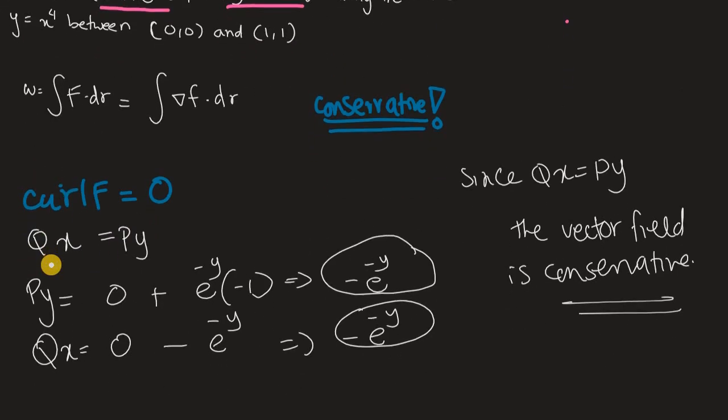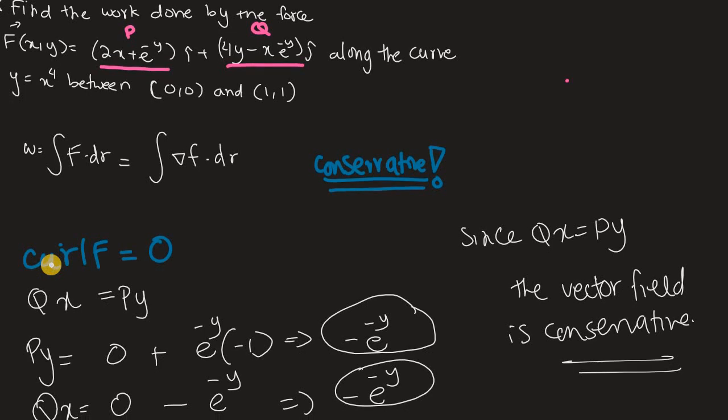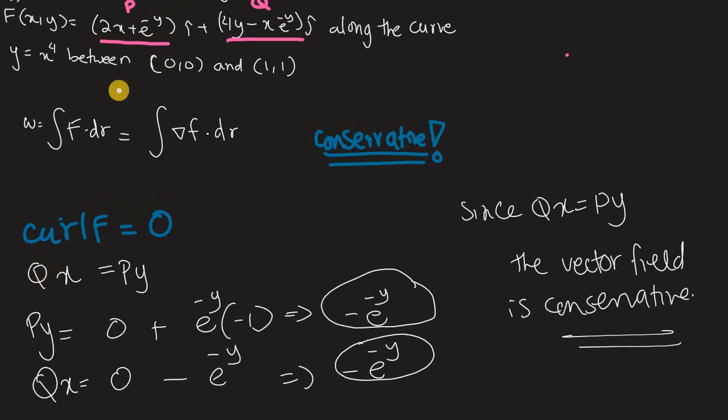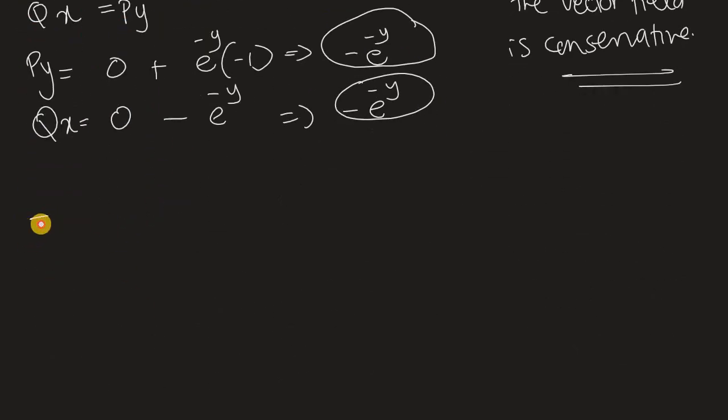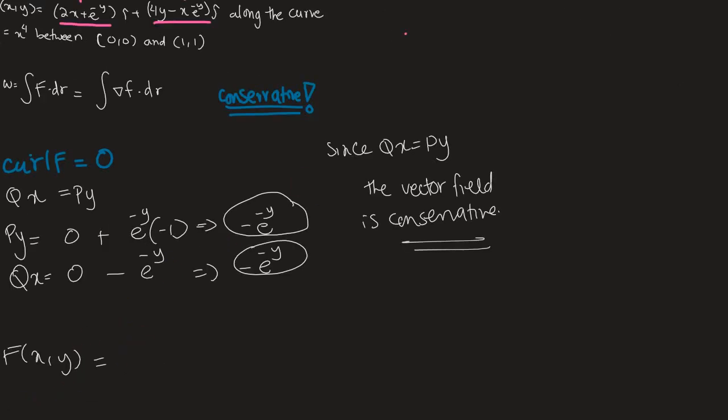Okay, so to find the work, first of all, what you need to do is take the function itself that we wrote over here. So I'm going to rewrite the function: (x squared plus 2x plus e to the negative y) i hat plus (4y minus x e to the negative y) j hat.